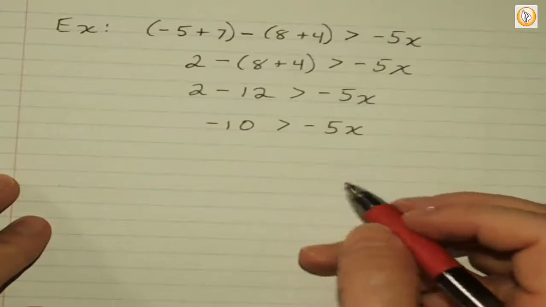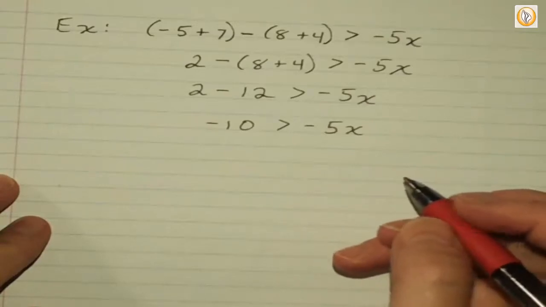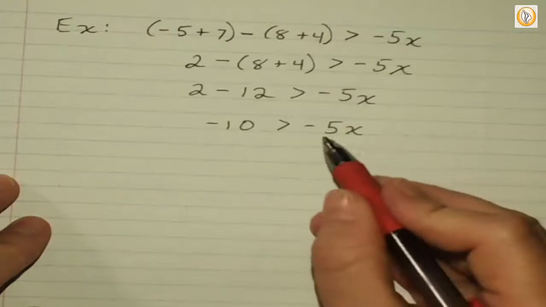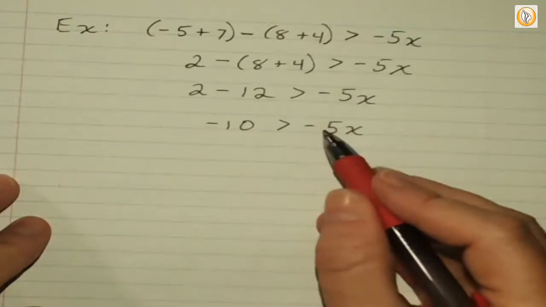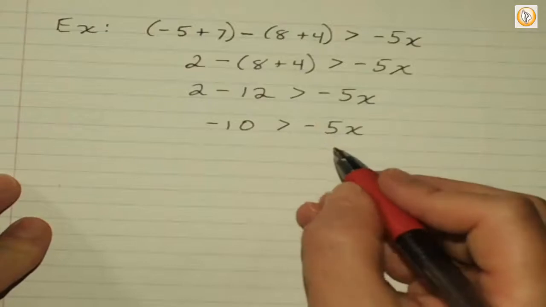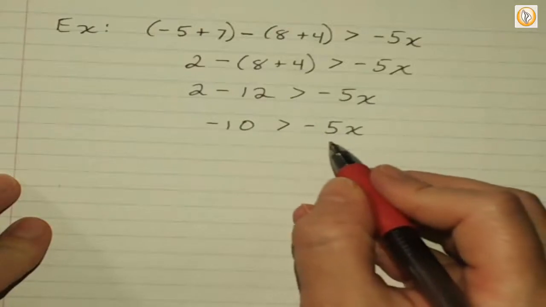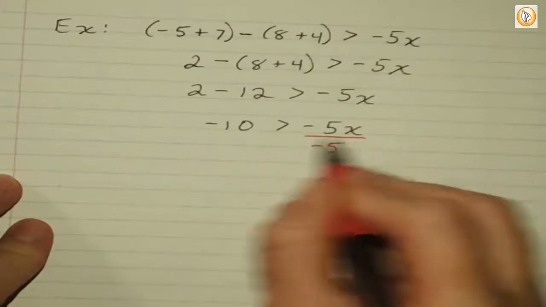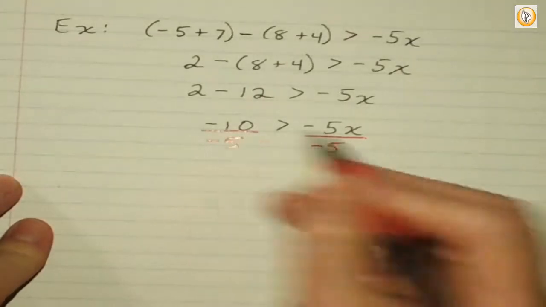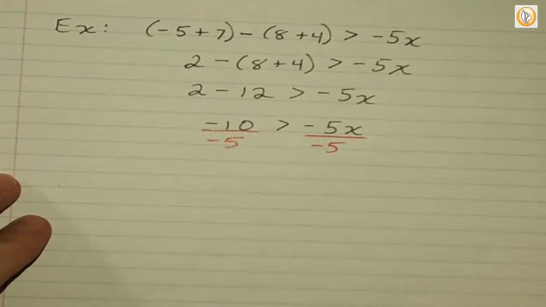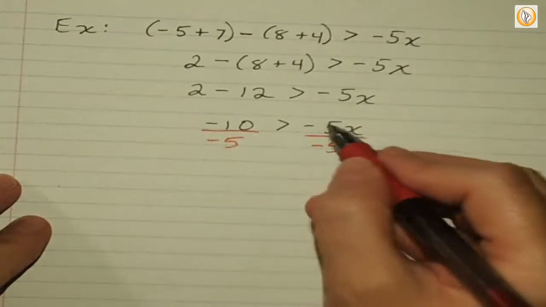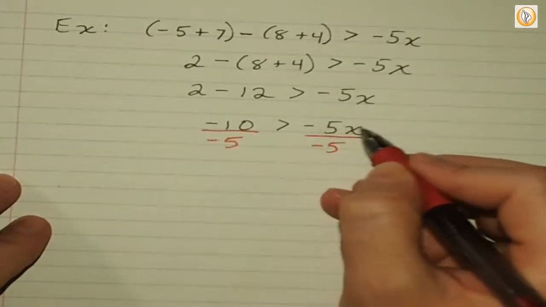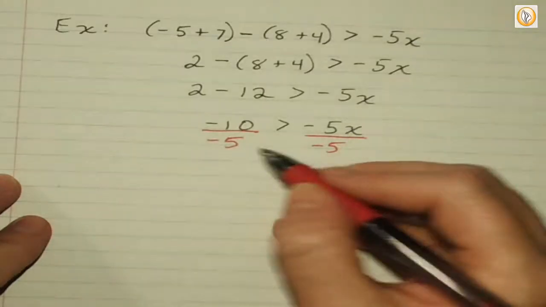So what's the intruder? Negative 5, right? So how do I get rid of the negative 5? Divide by negative 5. We're going to divide both sides by negative 5. Does everyone see that? Because if negative 5 and x are being multiplied together, the opposite is division.